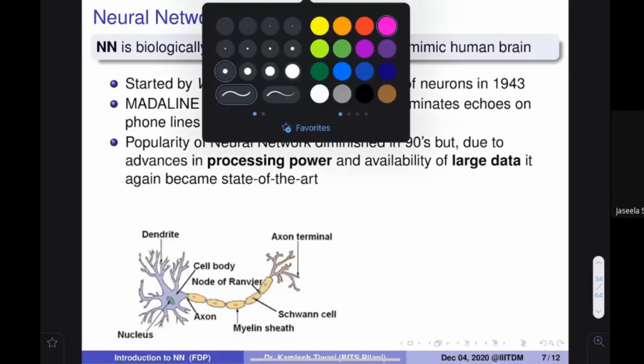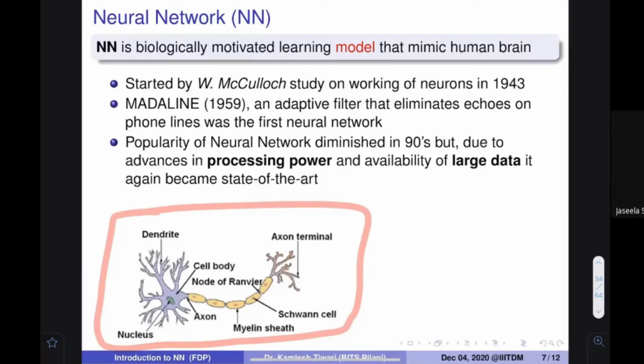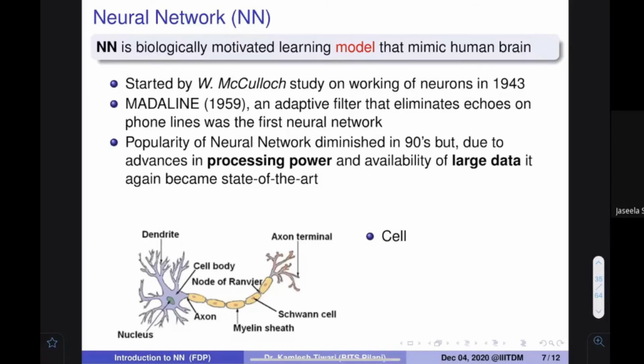Let me go and try to see that in the biological neural network. This is something like this. I would not go into much detail. I would only tell that there is some cell that actually does the computation. There are some connections, axons, that are going to take things out.